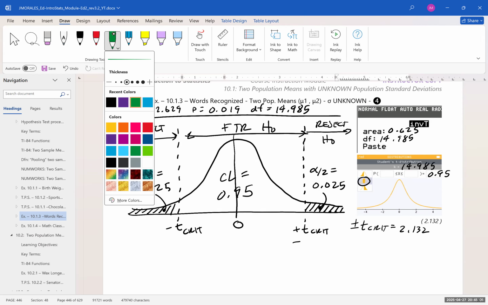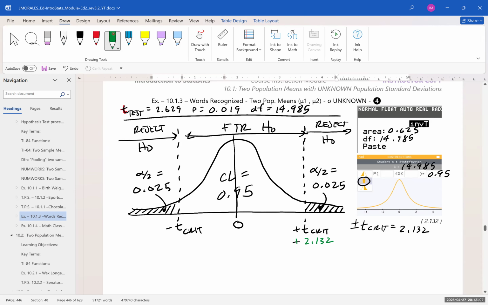Okay, so we have a positive 2.132 and a negative 2.132. All right, so let's see where our test statistic falls. Okay, it's a positive 2.629. So that's going to be above this one.